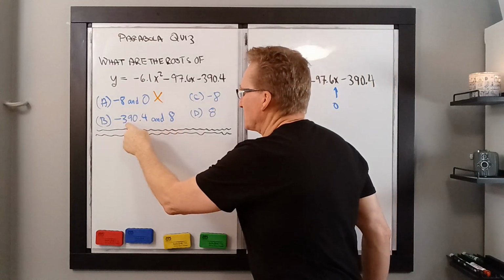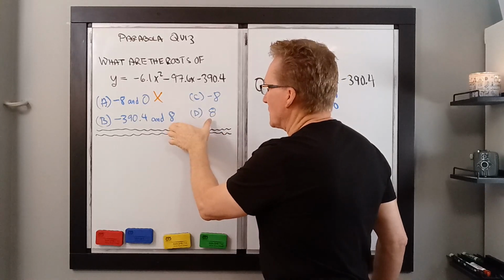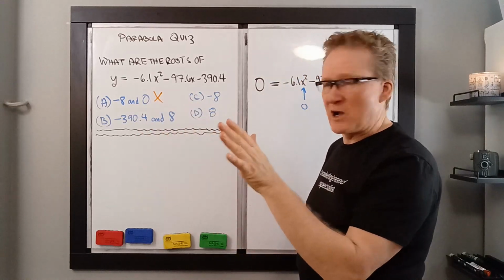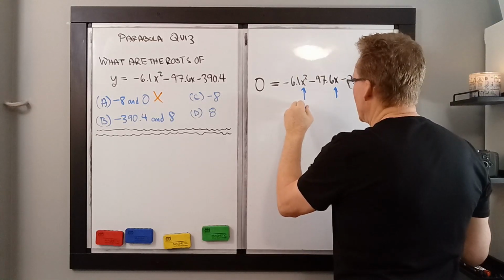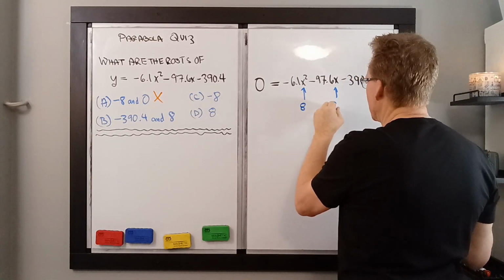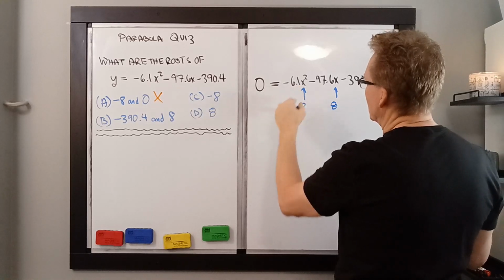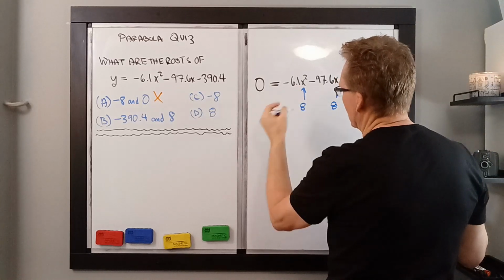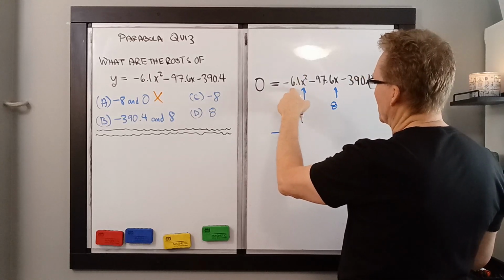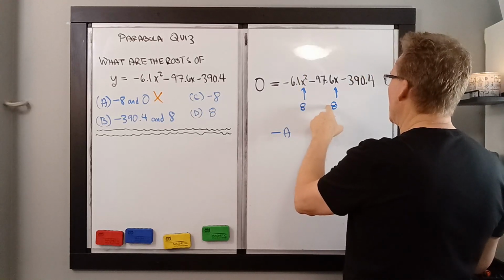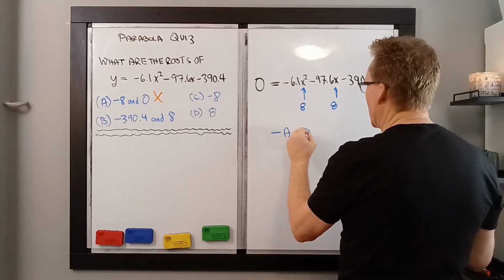Now we notice this one has this number and an 8. And this one has an 8. So if we could eliminate 8 as one of our possible solutions, that would eliminate 2 more. Let's see if we can do that. So we'll make this an 8 and this an 8. Now notice over here, if you make this an 8, this is 8 squared, that's 64 times this. So this is going to be a negative number, whatever it is. This here is going to be a positive number times a negative number, so it's going to be another negative number.